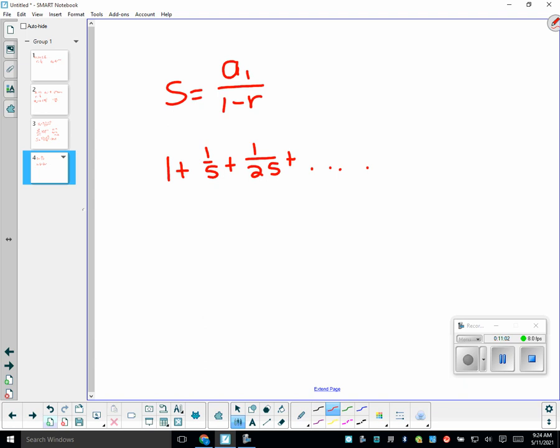So it has a sum. So the sum is 1 over 1 minus 1/5. 5/4.